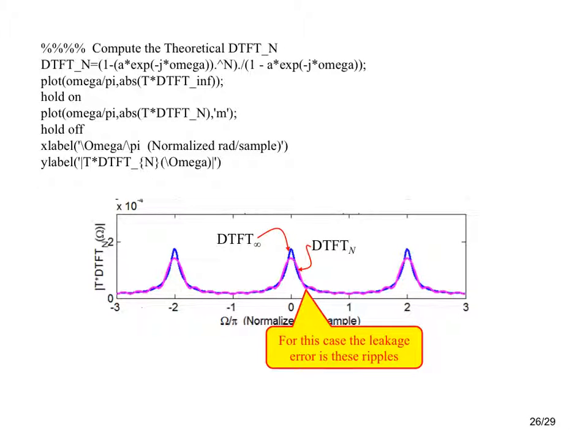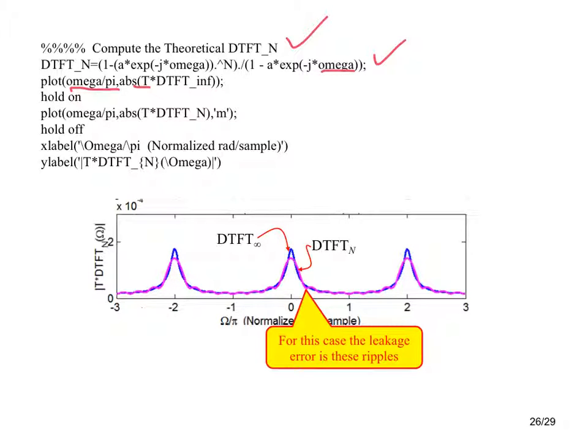Here's some MATLAB code. Again, I'm just going to evaluate this function that I just found for the theoretical version of the DTFT sub N. Can't really do this in practice. I can only do it because this equation is easily found by theory. So I compute that using the same omega points that I used for my DTFT sub infinity, and I plot it the same way, normalized height-wise by capital T, normalized frequency-wise by pi.